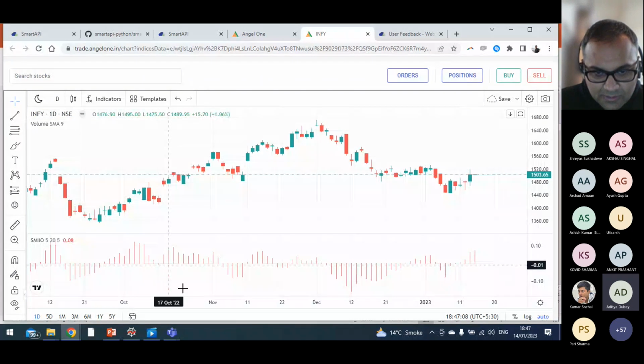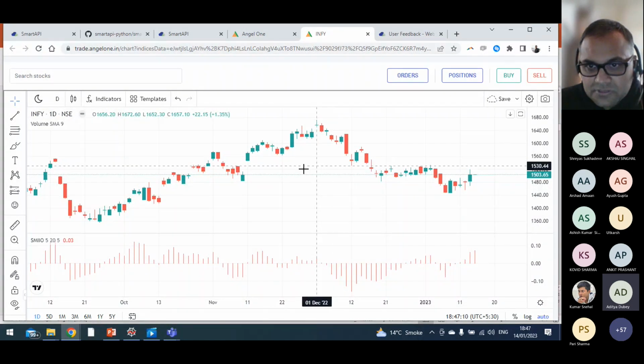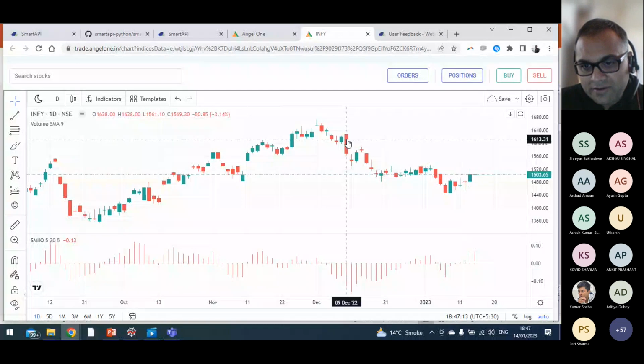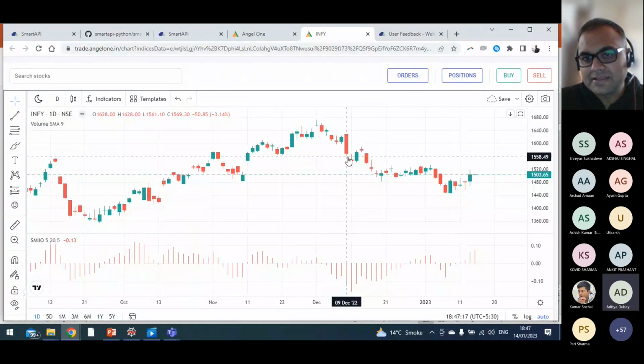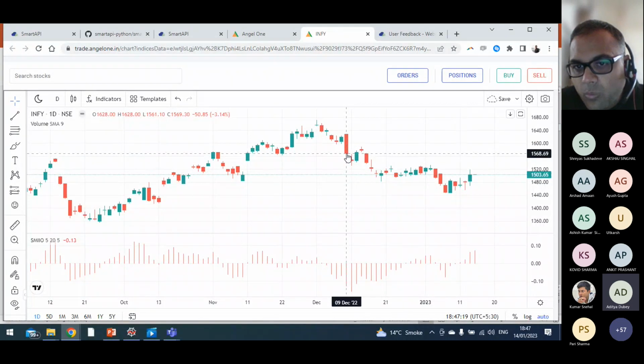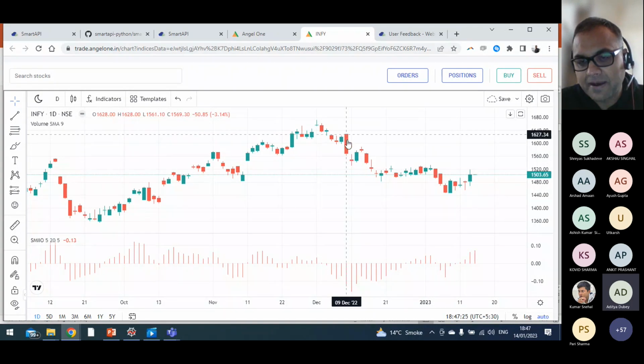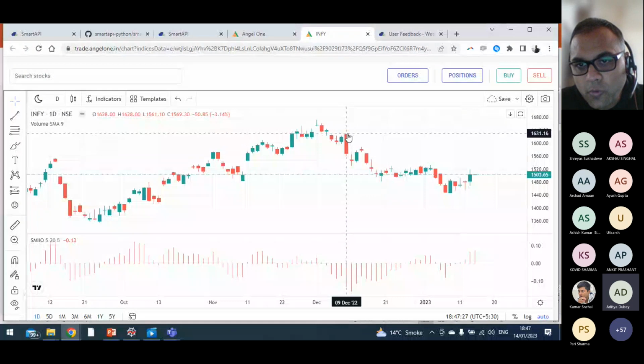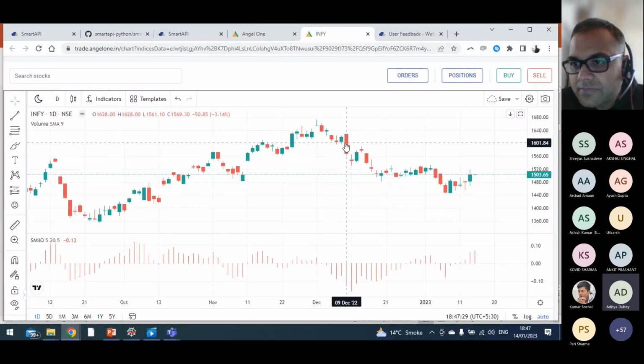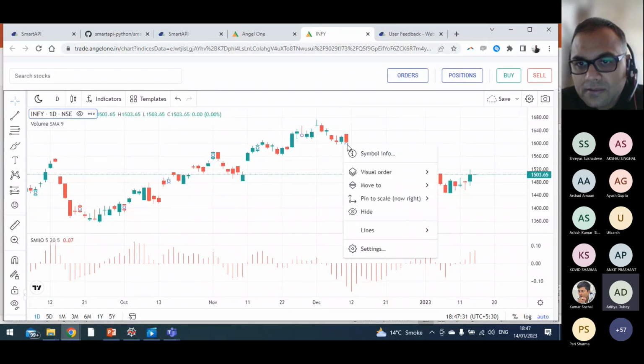So for example, let me look at a big candle, this candle. On 9th of December 2022, the stock opened at 1,568 rupees 69 paise. Sorry, this is a red bar. Red bar means it went down.